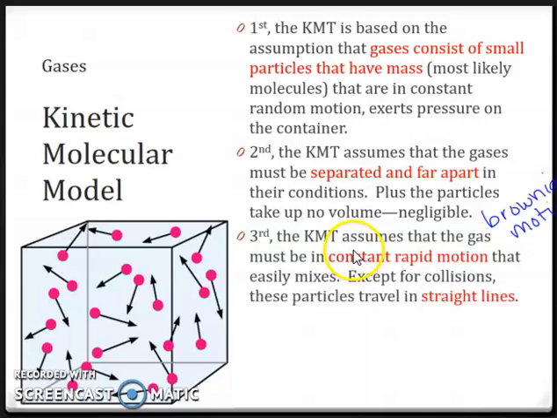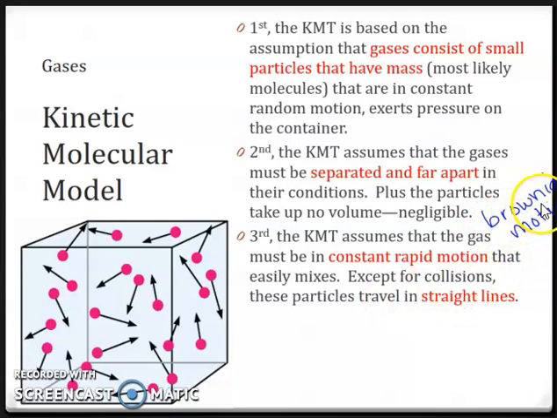The third one, we assume that gas is in constant rapid motion and it easily mixes, except for when it's colliding. Sometimes when particles collide they will connect, but that usually doesn't happen because gases are moving so fast. And they are all in straight line motion. Gravity does not affect anything there. It is just going in a straight line, constant rapid motion.